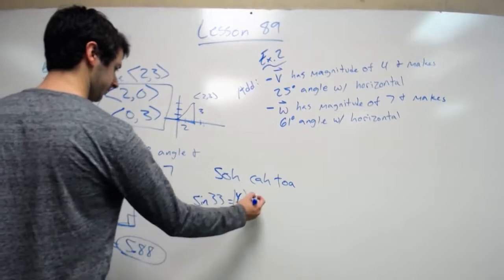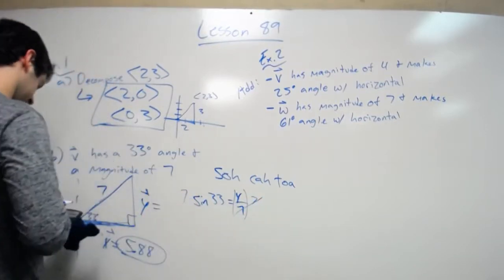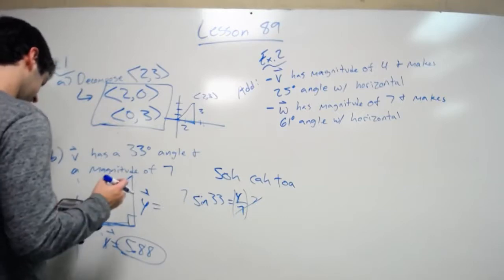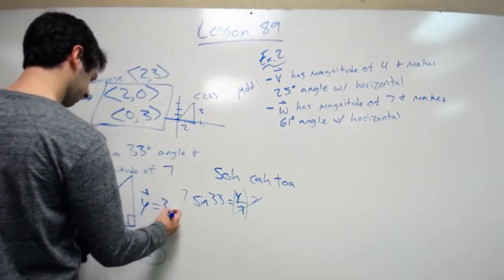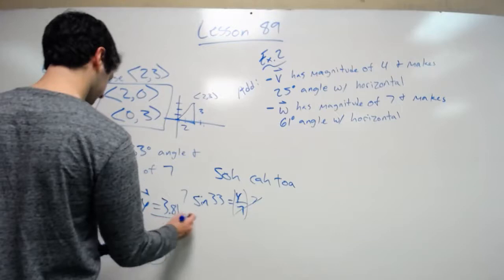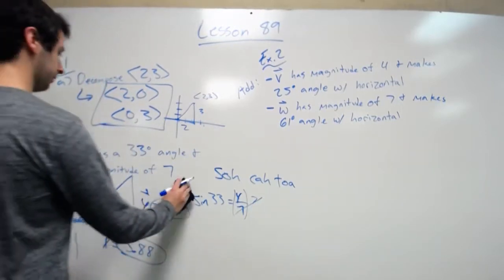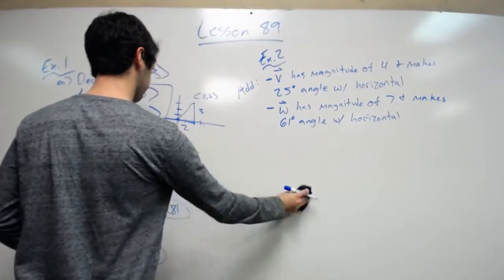Multiply by the 7. So 7 sine 33 would equal 3.81. So those are your two magnitudes. That's what it's looking for you to do when you are decomposing.